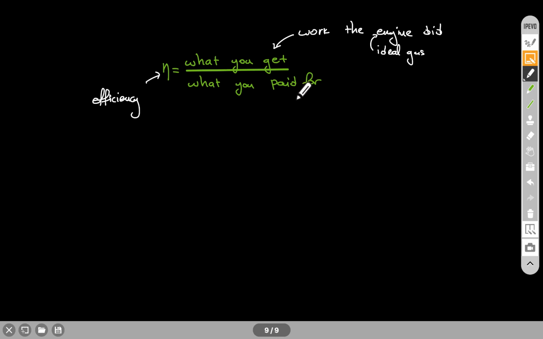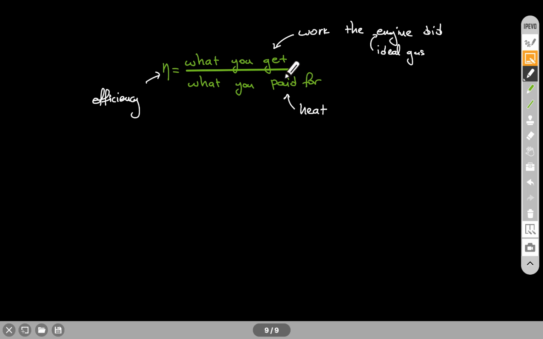You need to use some kind of flame, burn some fuel to raise the temperature of the surroundings so that some thermal energy is transferred to the engine. Thermal energy transfer is heat. So what we pay for is heat, the heat from the hot surroundings that gets transferred to the engine.